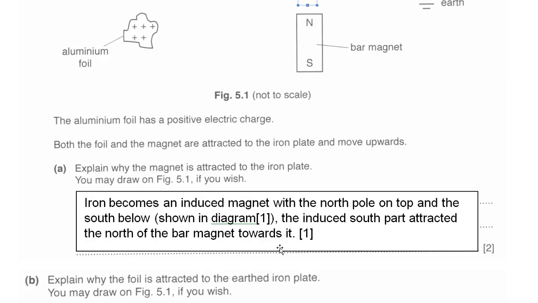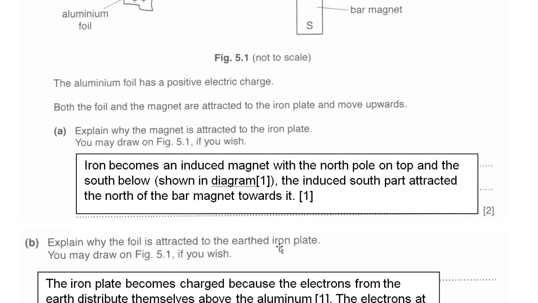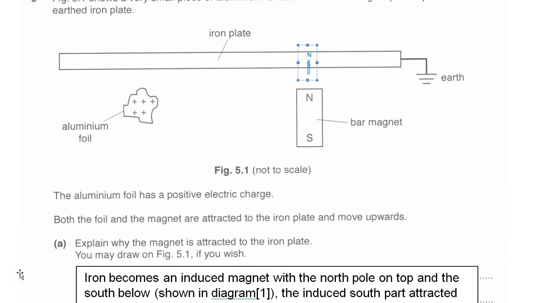Moving on to the foil, again the same idea applies when they say draw on the figure 5.1 if you wish. Basically you should. So the iron plate becomes charged because the electrons from the earth come up to distribute themselves above the aluminium. This is because the aluminium is positively charged, so there will be a layer of negative charge here.